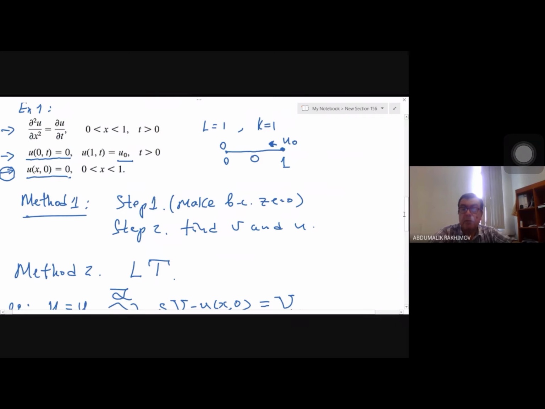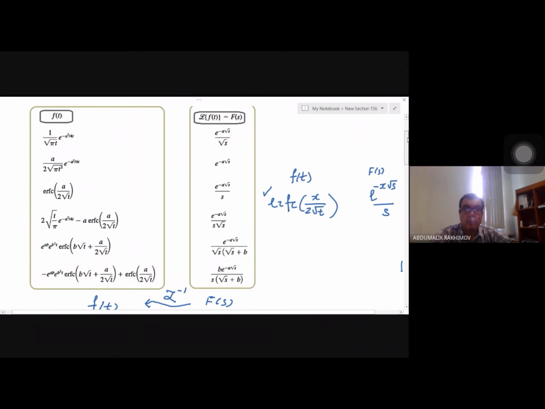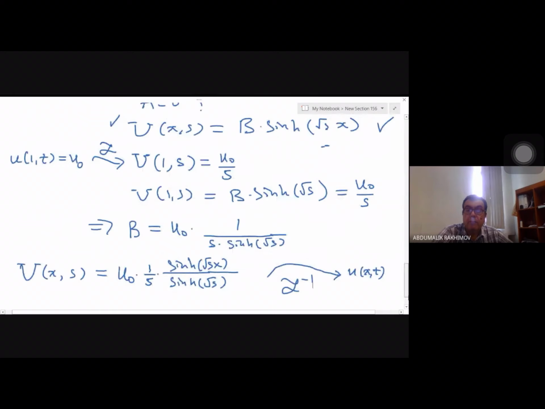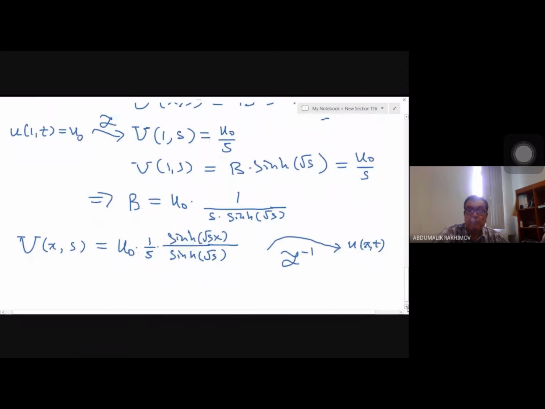Sine hyperbolic over sine hyperbolic. I will show you. There is nothing like this. You see F(s), capital F of s, there is nothing like sine hyperbolic over sine hyperbolic. So it means these formulas are not enough. Also, we cannot find any suitable formula from the previous 36.